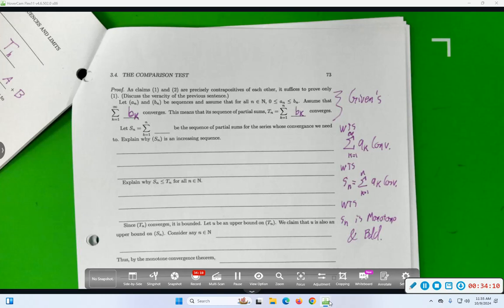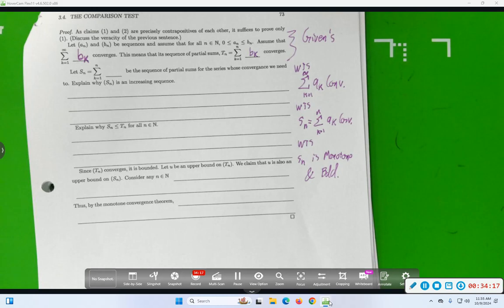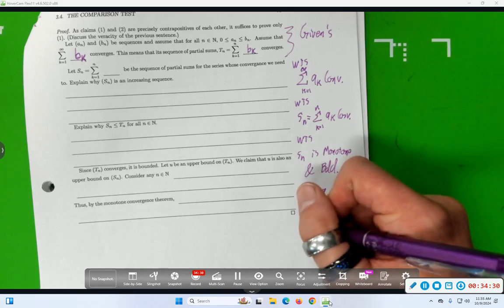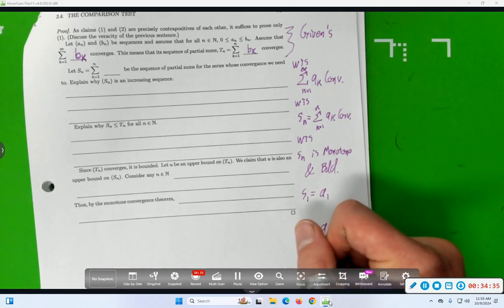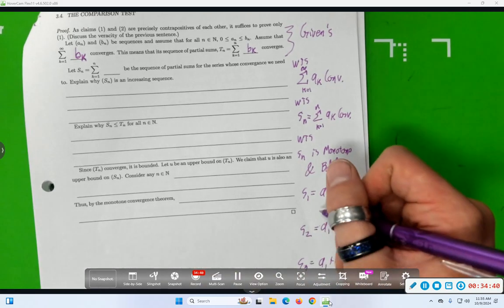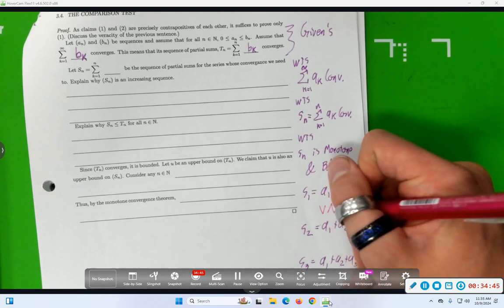That seem fair enough? Yeah. So, monotone means either increasing or decreasing. Let's decide which one we want to show first. In order to track, let's remember, S1 is just A1, S2 is A1 plus A2, S3 is A1 plus A2 plus A3. Which way should that inequality go?